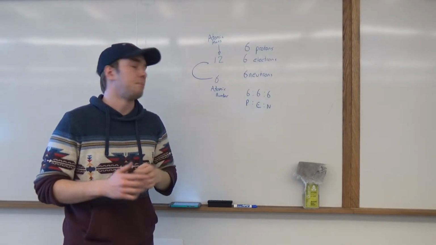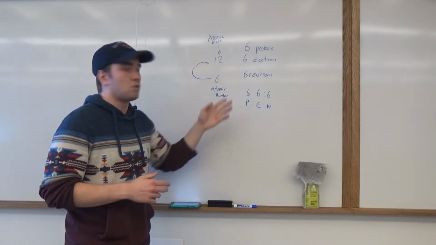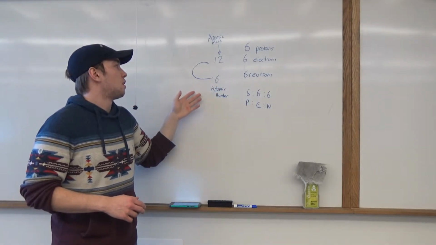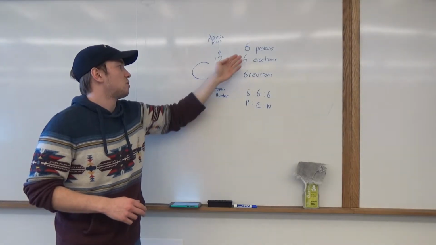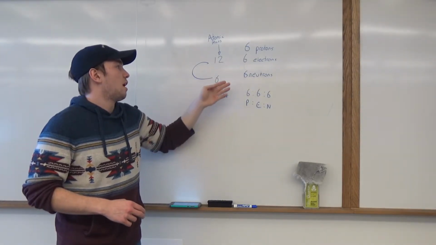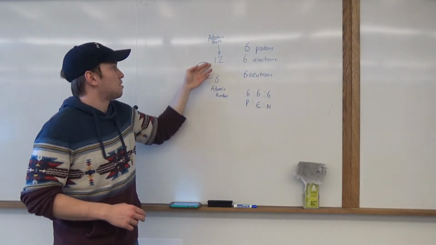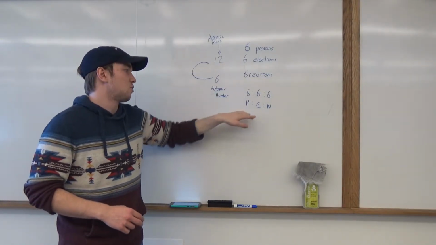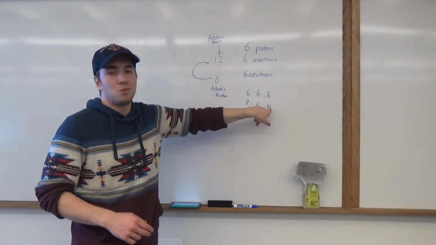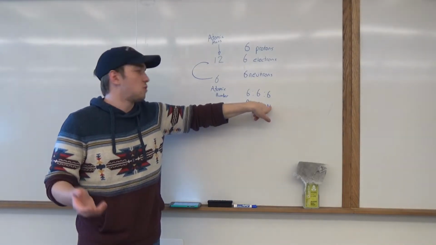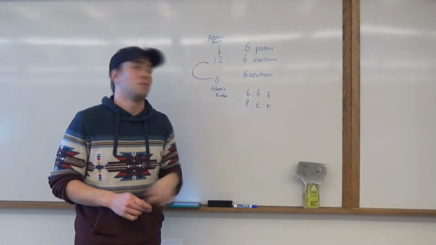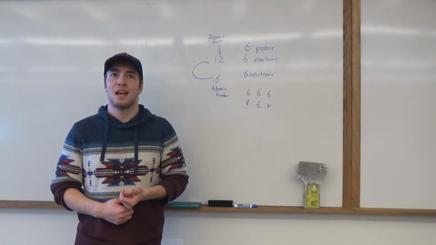However, neutrons can vary. So in the example of carbon, you have 6 protons and electrons, and to find the number of neutrons, you'd subtract the atomic number from the atomic mass, which again will provide you with 6. So if you look at the ratio between protons, electrons, and neutrons, it's 6-to-6-to-6.